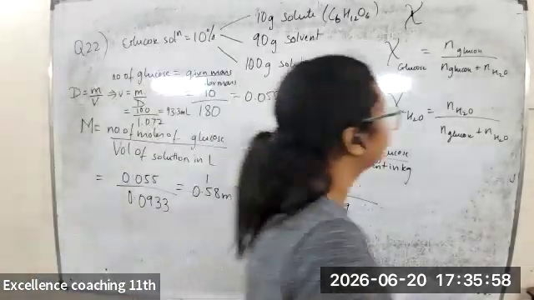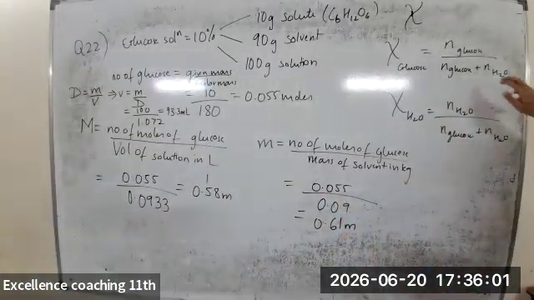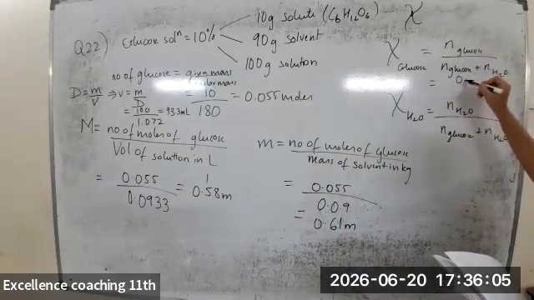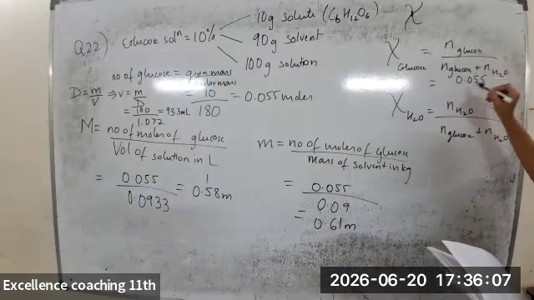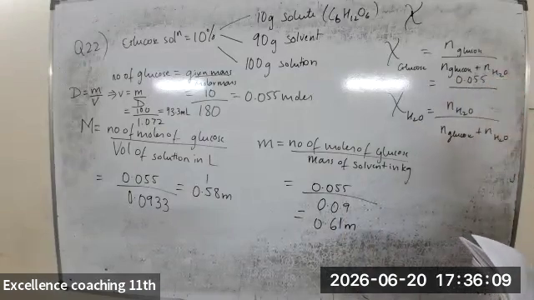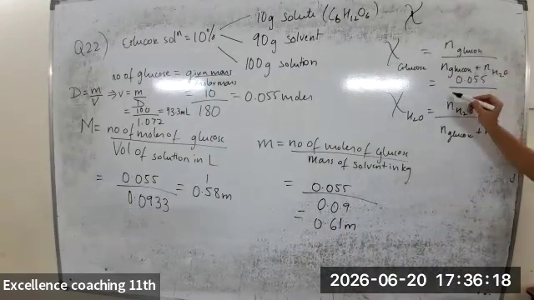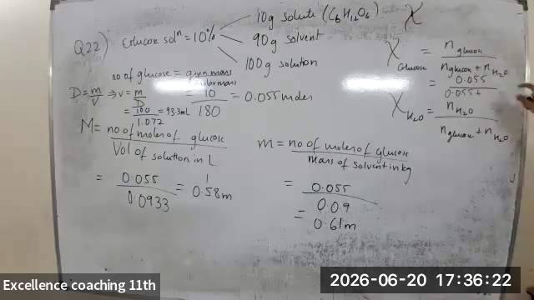So now how will we find the mole fraction? Glucose number of moles will be what? 0.055, right? And here also it will be 0.055 plus number of moles of water. It will be what?